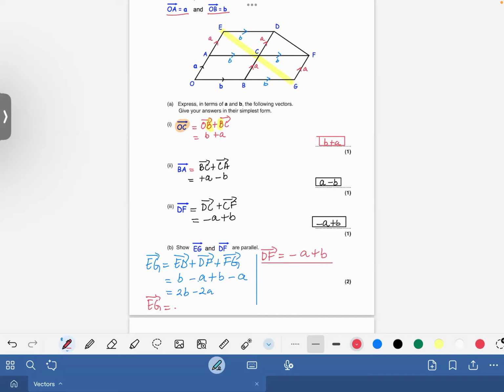And EG is minus 2A plus 2B. Yamna, can you see that this is minus A and this is also minus A? Yes, plus B. This is also plus B. Both have same signs or not? Yes, sir. Same signs means that they are parallel.